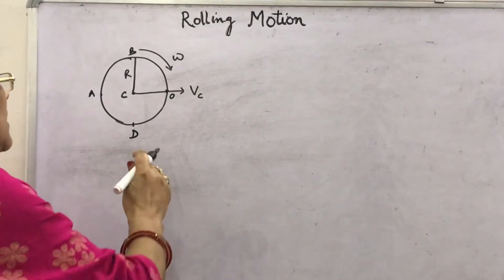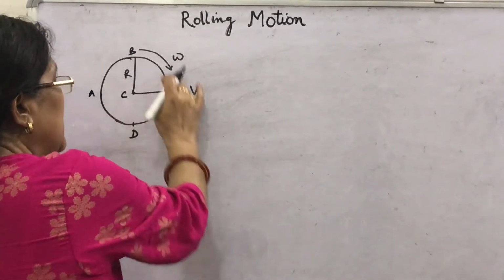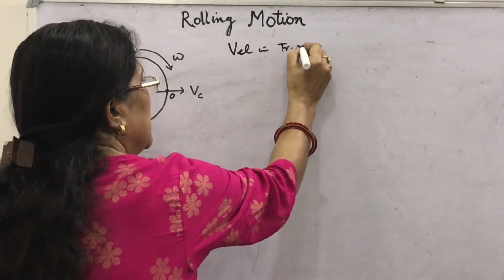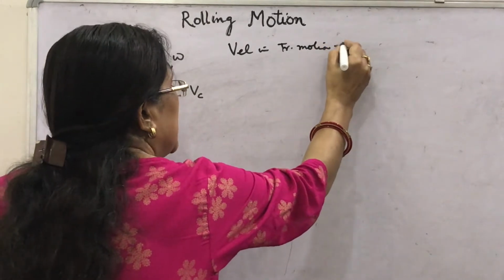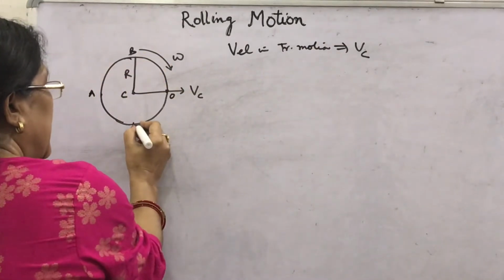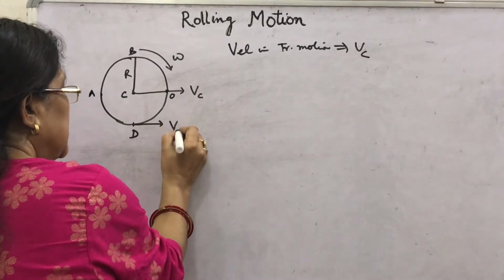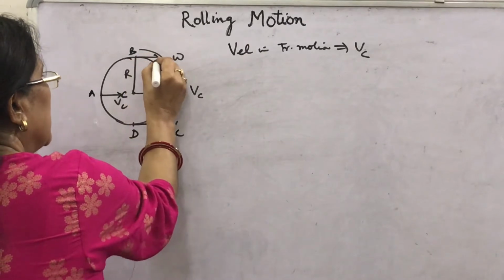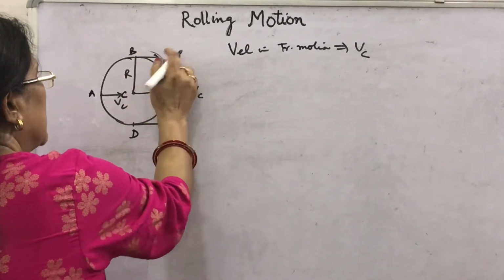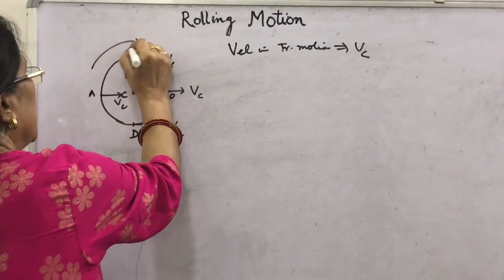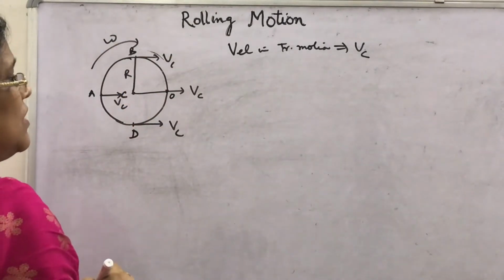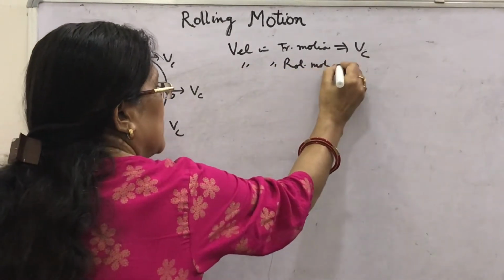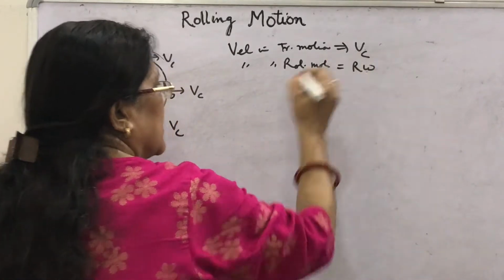As we have seen, velocity in translational motion is the velocity of center of mass, that is Vc. So each point will have the same velocity Vc. You will have to draw the Vc vector like this. Okay. I am rubbing this. This is the omega I am showing here in this direction. Velocity in rotational motion is given by R omega.